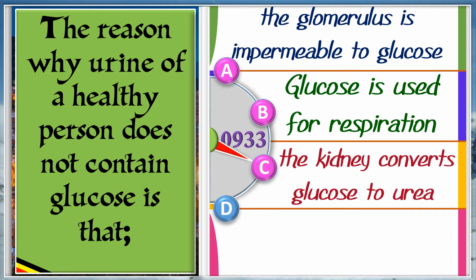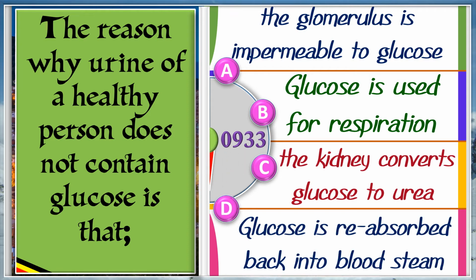C. The kidney converts glucose to urea. D. Glucose is reabsorbed back into the bloodstream. And the answer is D. Glucose is reabsorbed back into the bloodstream.